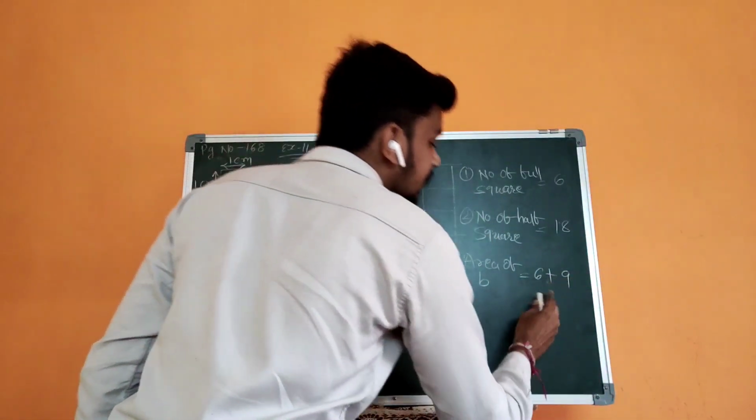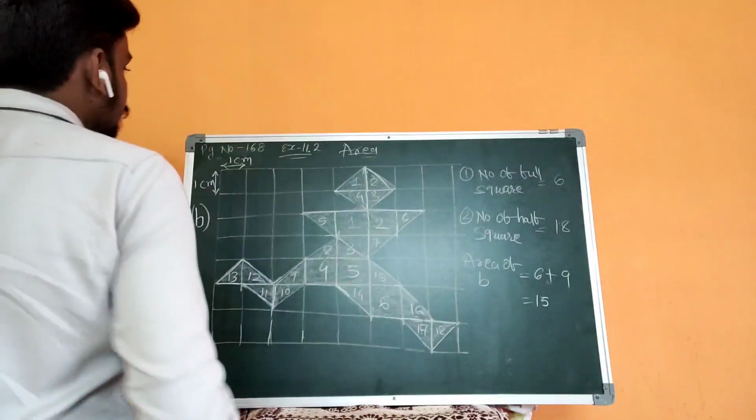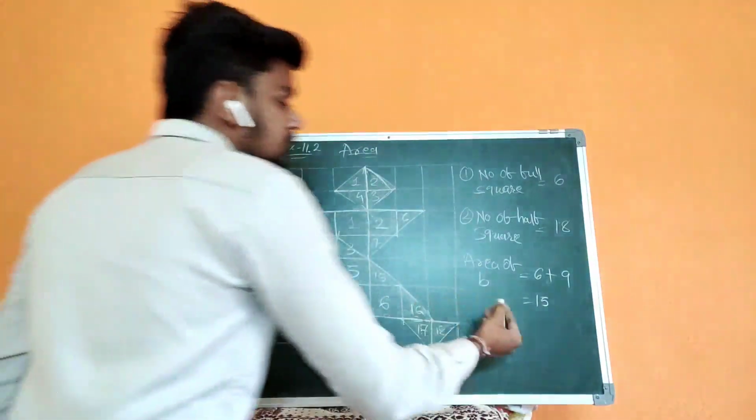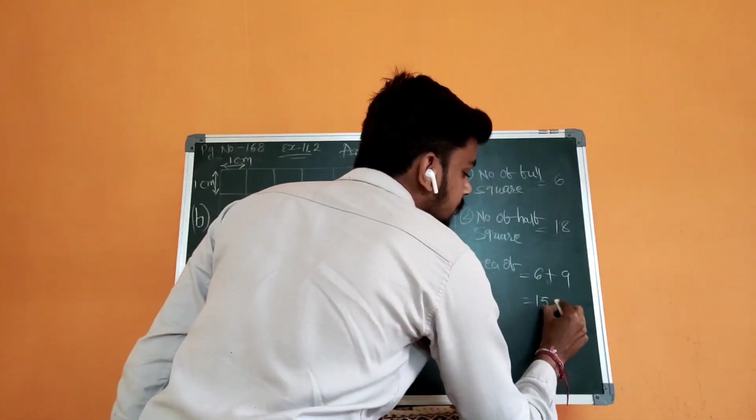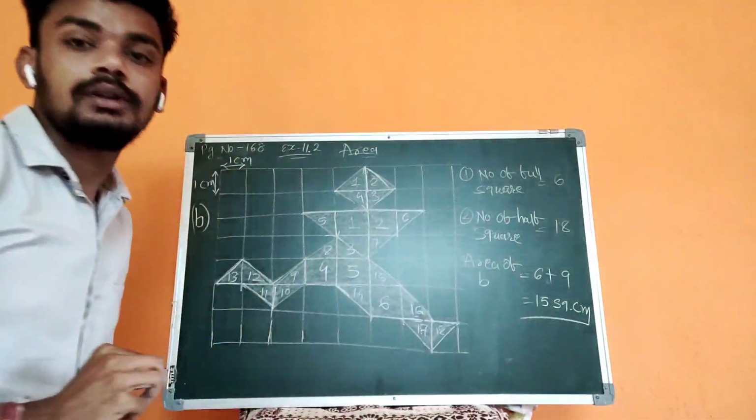Now 6 plus 9 is equal to 15. The unit is centimeter, so the area of B is 15 square centimeter. Done.